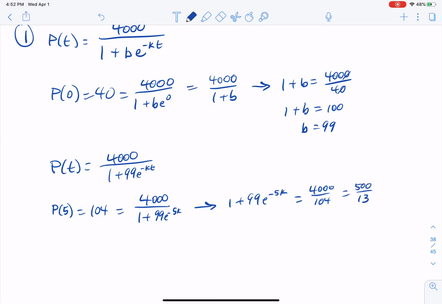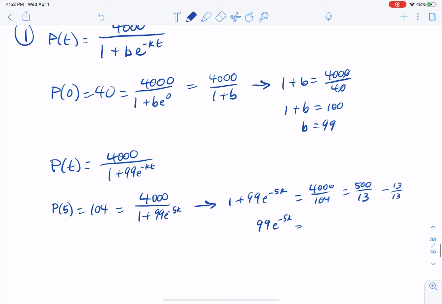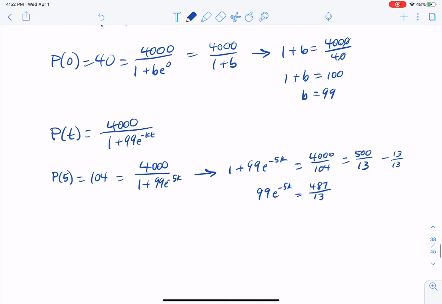I need to subtract 1. 99 e to the negative 5k is equal to 500 over 13 minus 1, which is like 13 over 13, and that would give me 487 over 13. Now divide by 99, or in other words, multiply by 1 over 99.